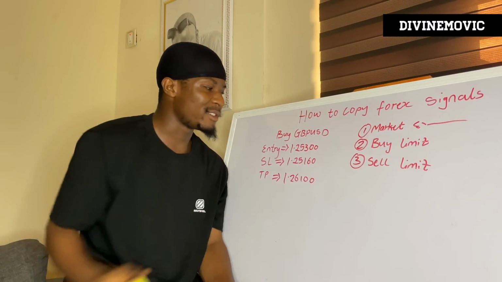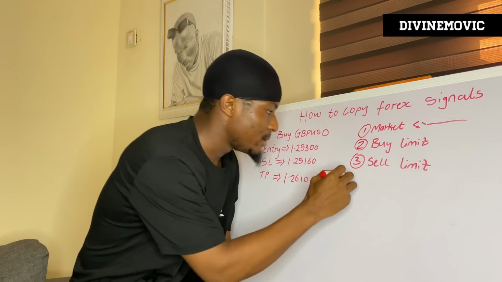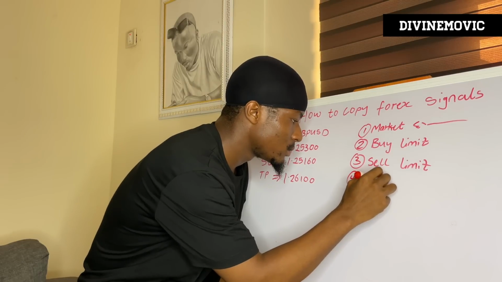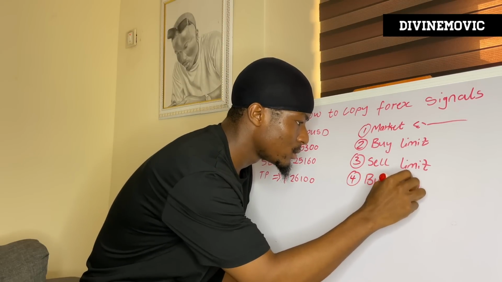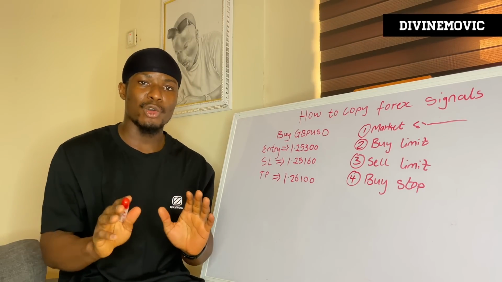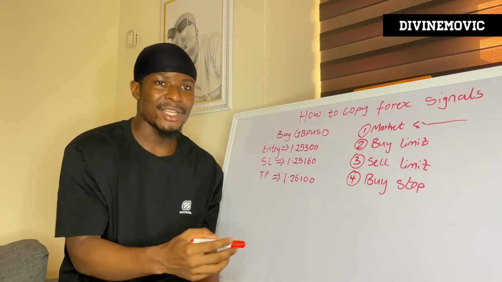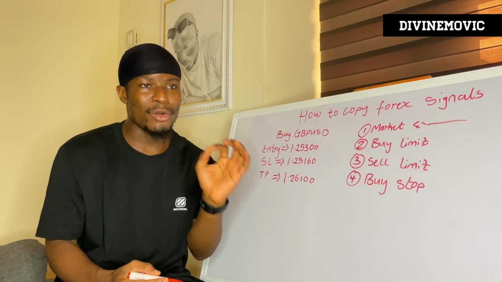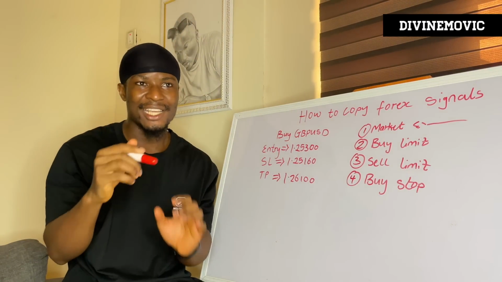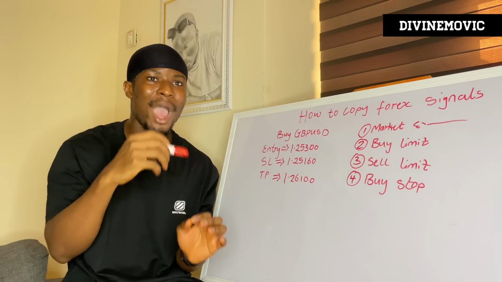Now, the fourth parameter is referred to as buy stop. Now for buy stop, you're simply saying that, oh, I believe that this current price is going to go higher, but I'm not confident enough yet that it's going to go from this point. So I want to wait.